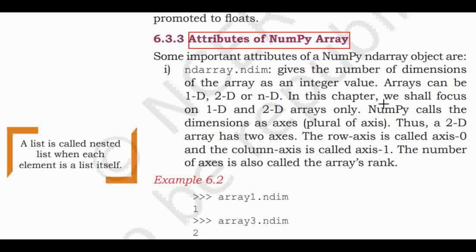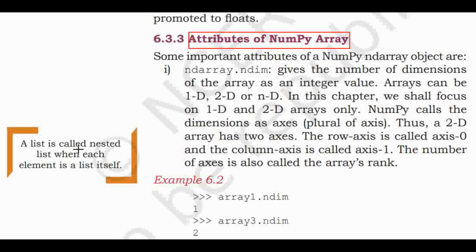In this chapter we shall focus on one-dimensional and two-dimensional arrays only. NumPy calls the dimensions axes, plural of axis. Thus a two-dimensional array has two axes. The row axis is called axis 0 and the column axis is called axis 1. The number of axes is also called the array's rank.